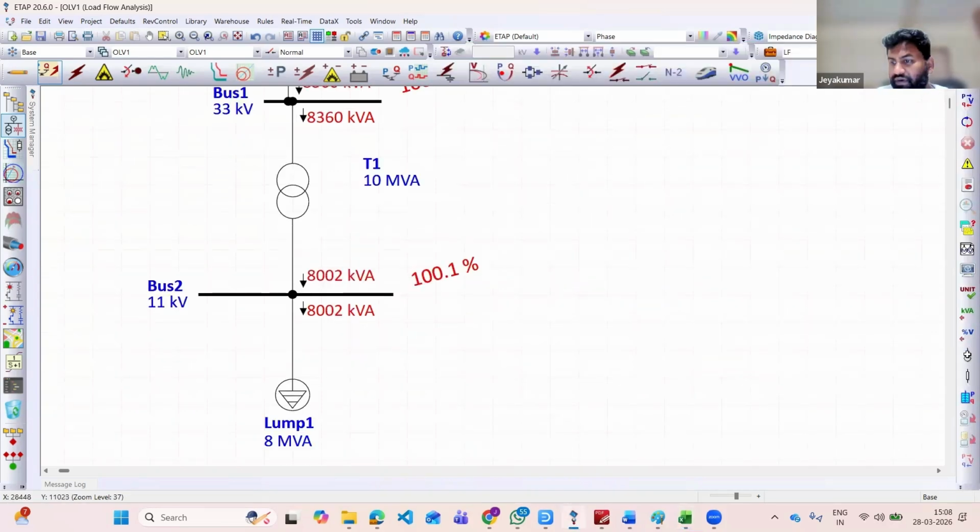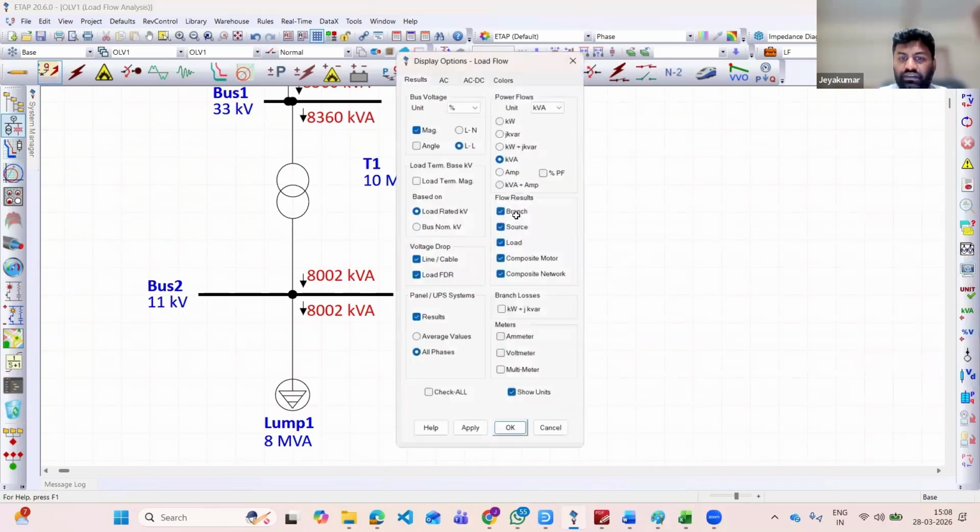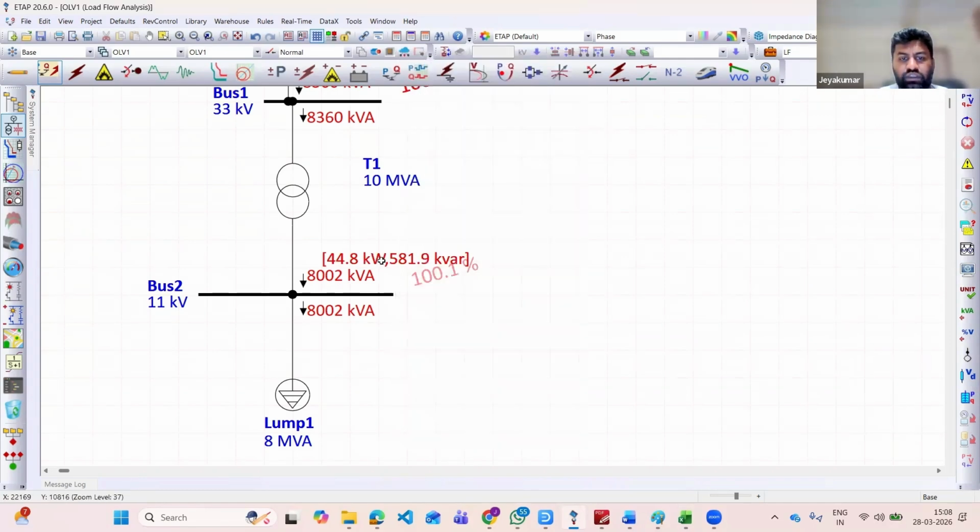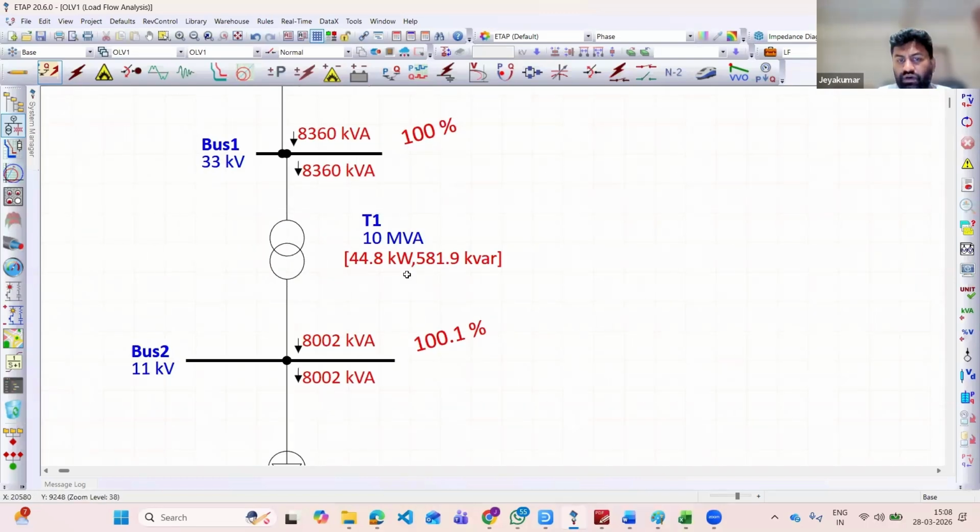So when you look at the losses, let's try to look at the losses. We can also see the losses here. For easiness, you need to add this.